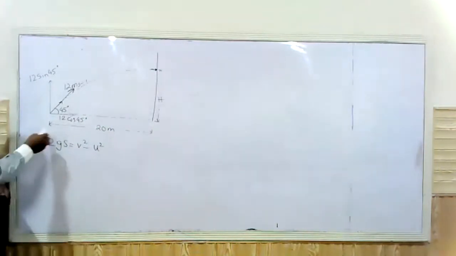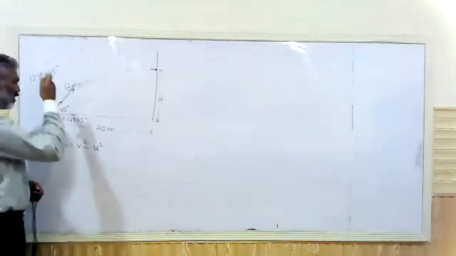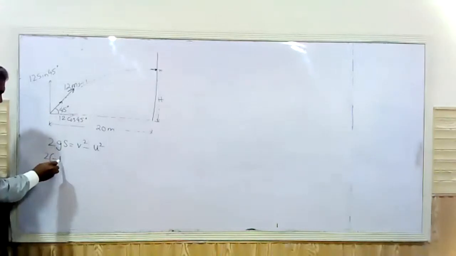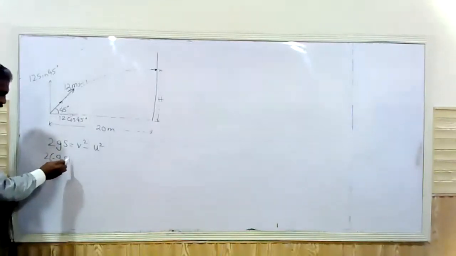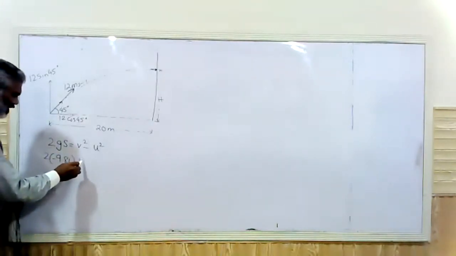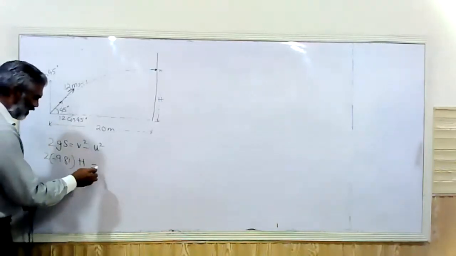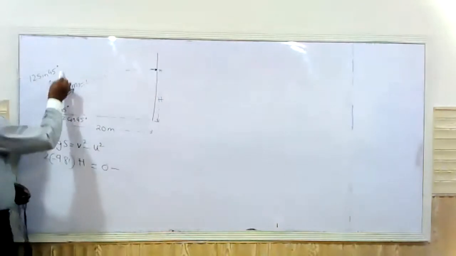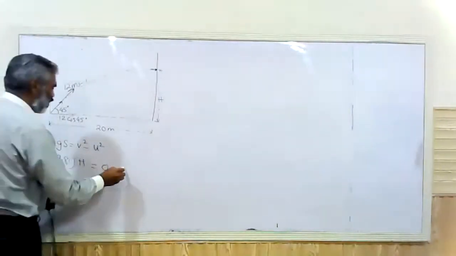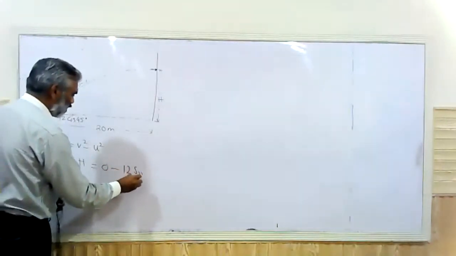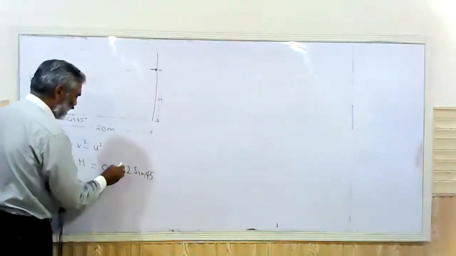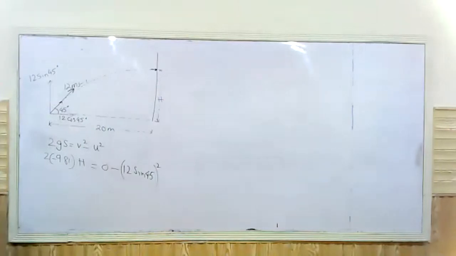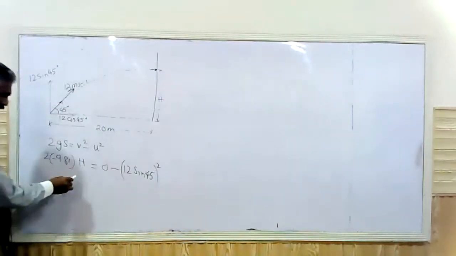When I apply this equation of motion on the vertical component, this is 2 times minus 9.81 times s, where s is the height h, v is 0, and u is 12 sine of 45, all squared. So from this, I can calculate the maximum height.